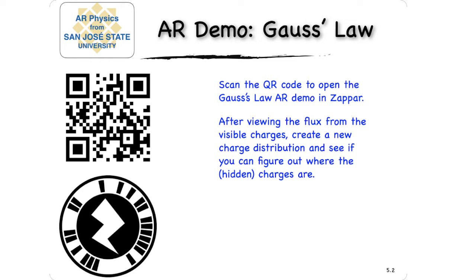Okay, so as you're exploring where you think the charges are and whether they're red or blue, positive or negative, if you want to check your work, you can turn your phone upside down and they will appear.